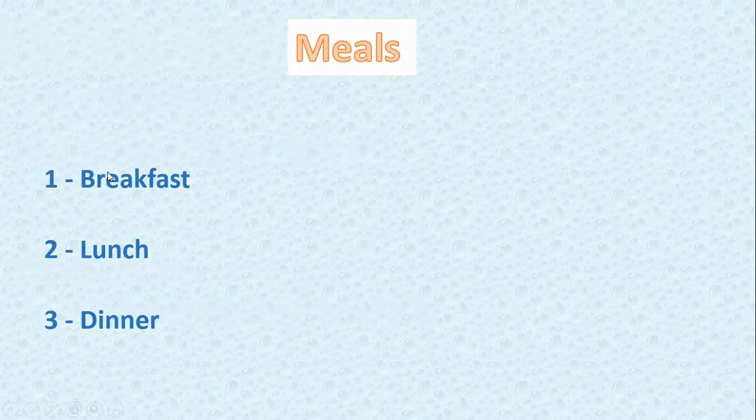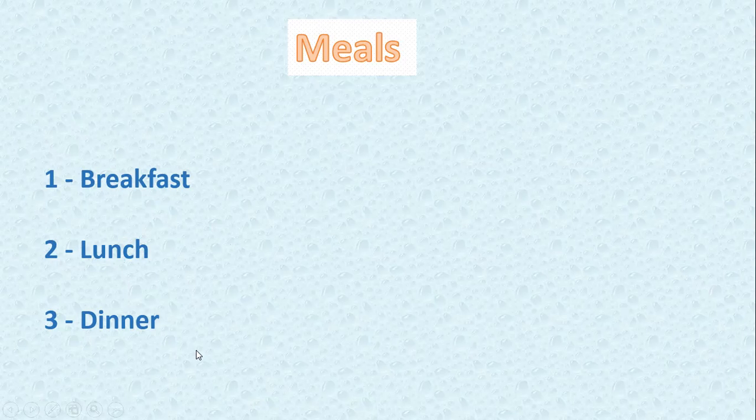We call them meals: breakfast, lunch, and dinner. Sometimes they have additional meals. Like, for example, they have something they call brunch. They mix between breakfast and lunch. Something in the middle, brunch. So brunch, something you can have between breakfast and lunch.